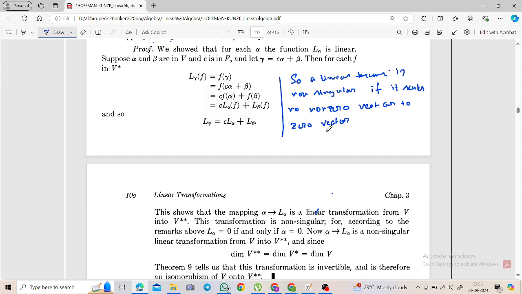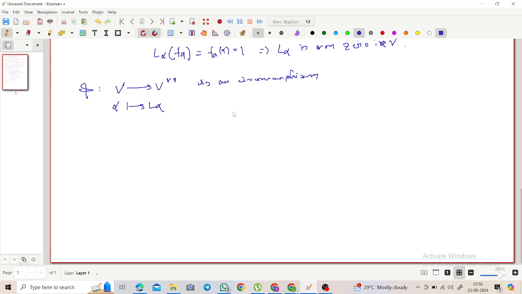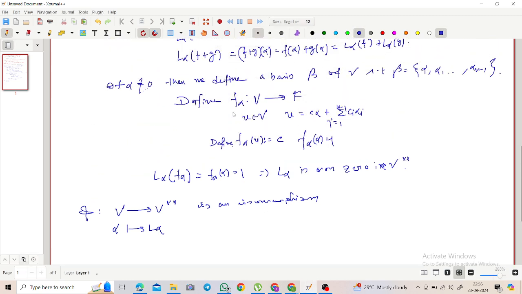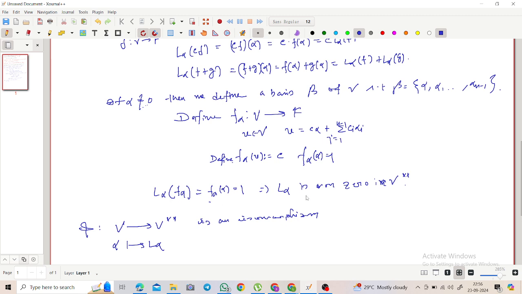That's the definition, I mean, if and only if the kernel is zero, right? But we have just shown here that if alpha is non-zero, L alpha is non-zero. So we have already proved it.